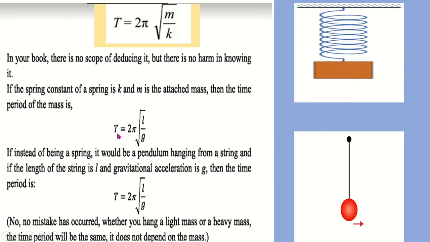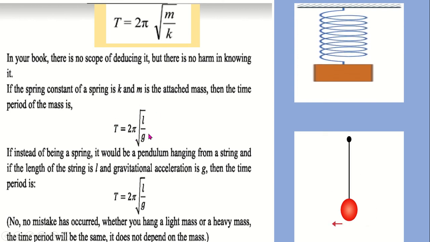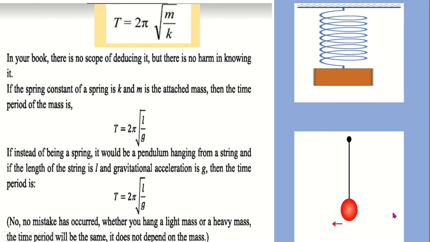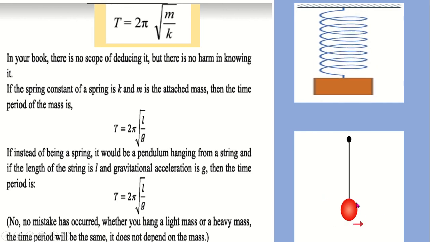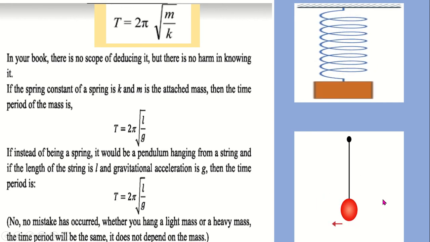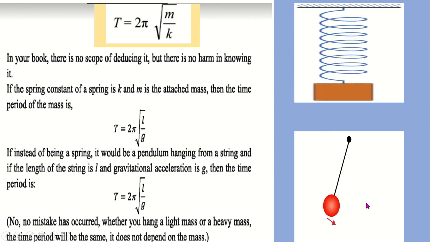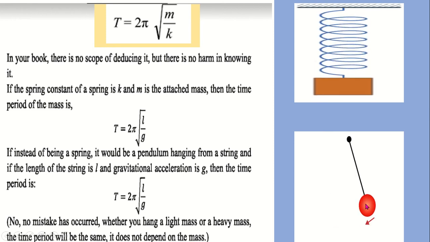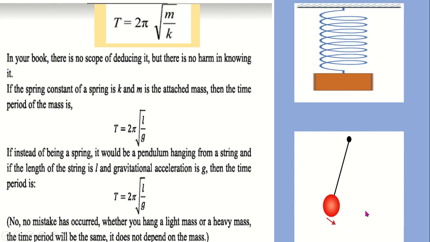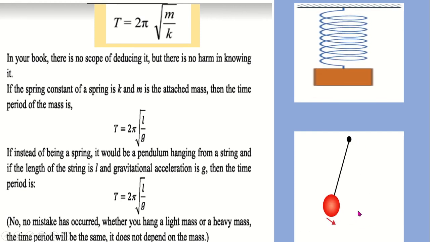And there is another formula, T equal to 2π root L by g. It is for the simple pendulum. Look, in the simple pendulum also we are seeing oscillatory motion. The bob moves back and forth, or to and fro motion.